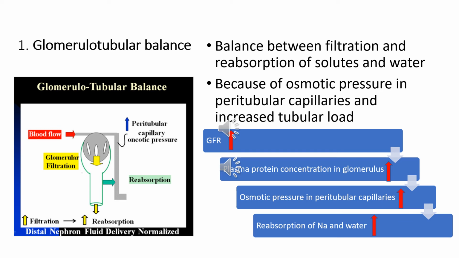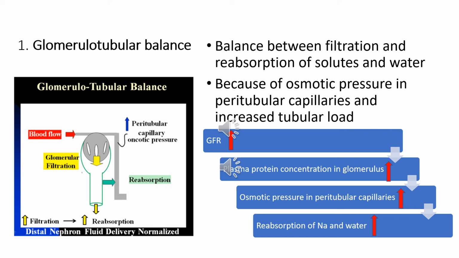When the filtration rate increases, the tubular load of solutes and water also increases, and this in turn increases the reabsorption from the tubules. And there are two possible mechanisms for glomerulotubular balance. First is the increase in osmotic and hydrostatic pressure in the peritubular capillaries, and second is because of the increased tubular load.